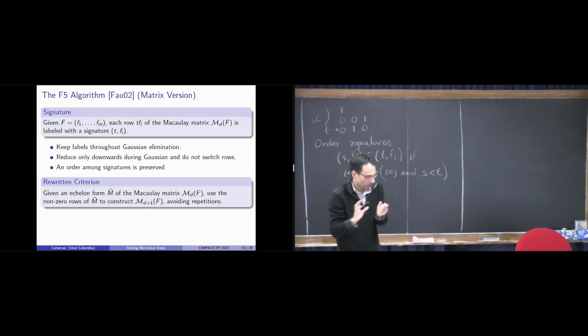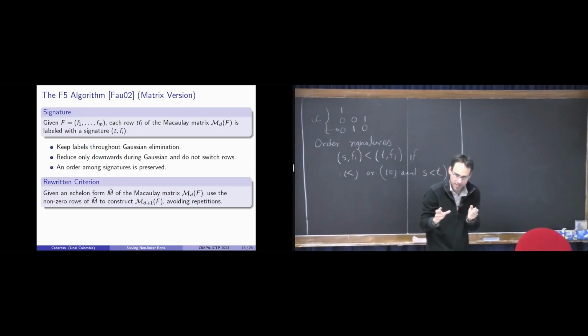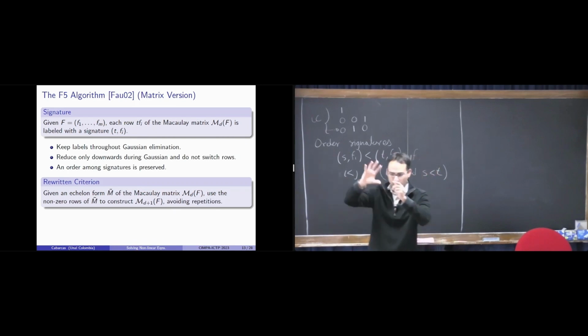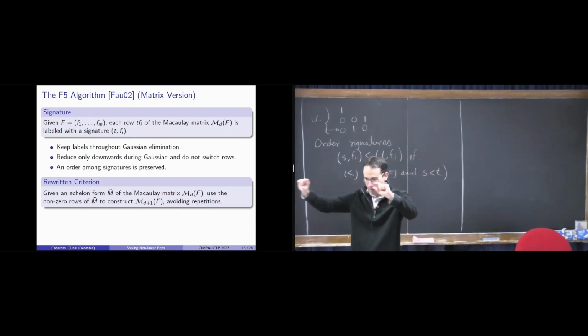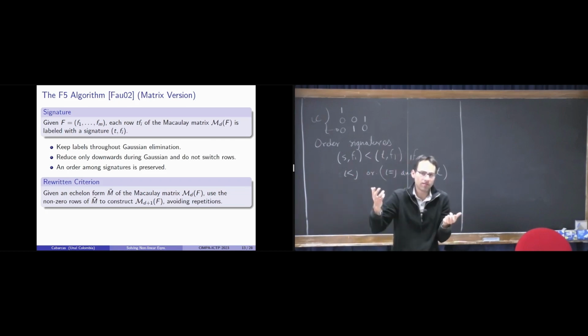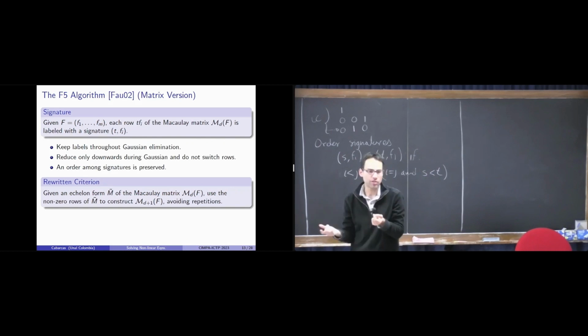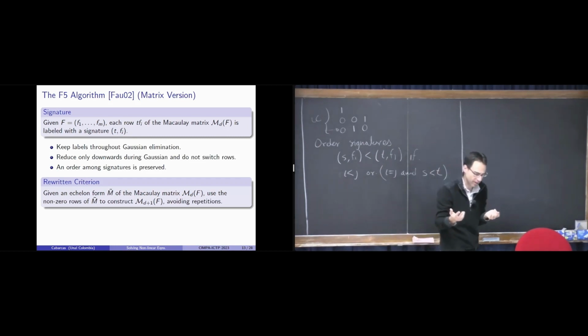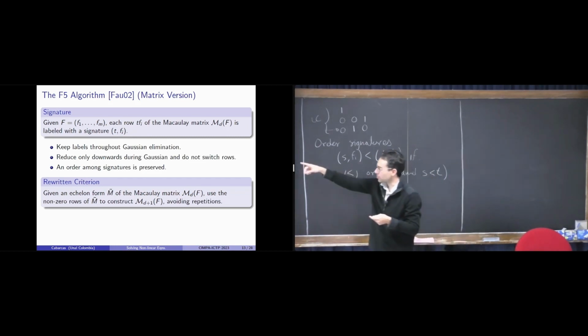What this is going to give us is, if at some point we find a zero reduction, we're not going to use it again. It's a zero row. We don't multiply that one by anything, right? We only use non-zero rows. So if we already found a CCG, we're going to avoid it from there on. But we have to do it avoiding repetitions.